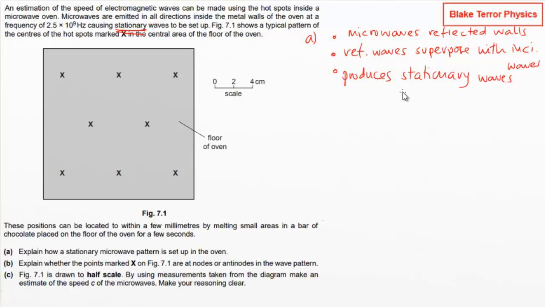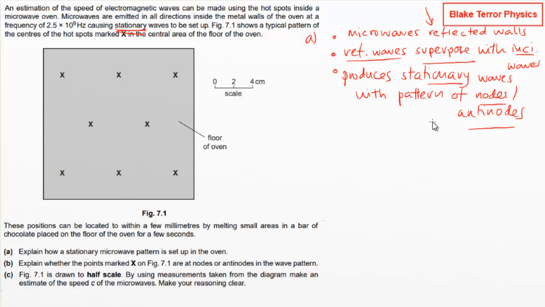And then say something about what a stationary wave is, so something like with a pattern of nodes and antinodes, because it also means you can get in some more terminology. There's a lot of terminology we've now used in this: reflected waves, incident waves, superpose, stationary waves, nodes and antinodes. These are all key things they're going to be looking for on mark schemes, so it's good to get it all in if you can.